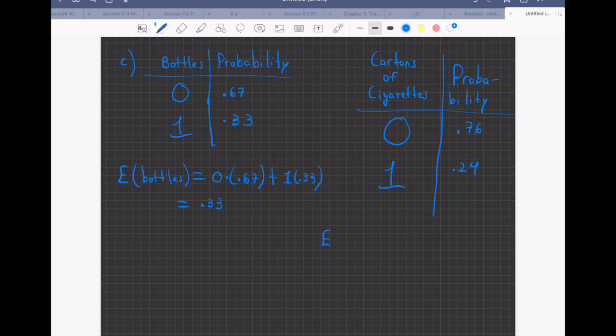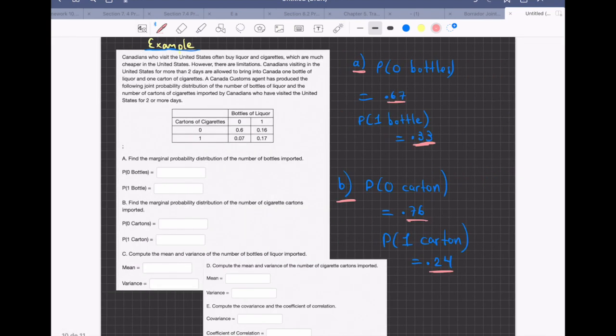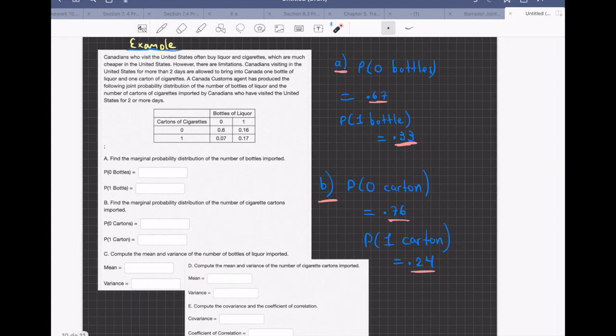Again, the expected value for cartons is equal to 0 times 0.76 plus 1 times 0.24, and this is of course only 0.24. And there you have the expected value, the mean for bottles, and for cartons of cigarettes.